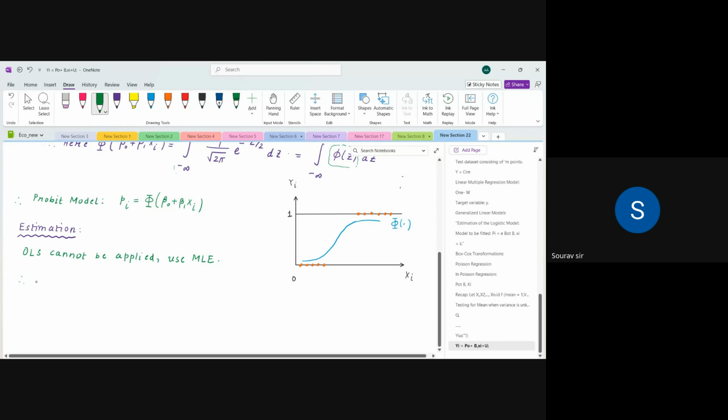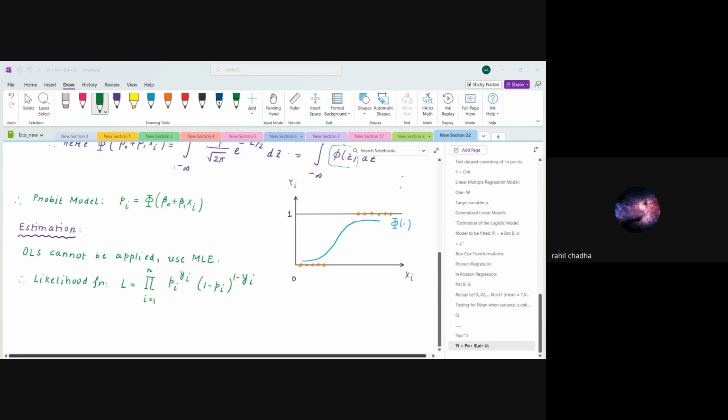For that, we first define the likelihood function. L is equal to the product of i running from 1 to n, pi raised to the power yi, times 1 minus pi raised to the power 1 minus yi.